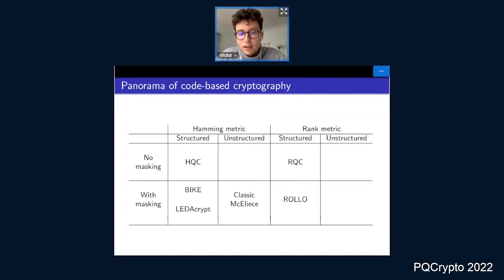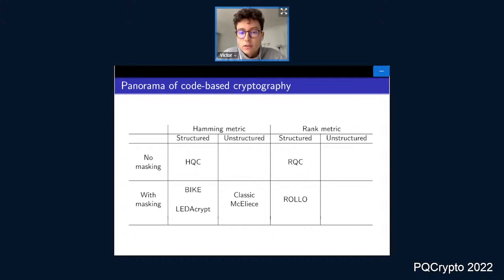So just to see how our work inserts inside existing code-based cryptography, I've described here the different possibilities when constructing a code-based key encapsulation mechanism.